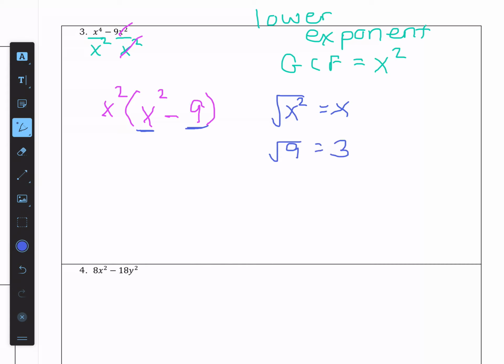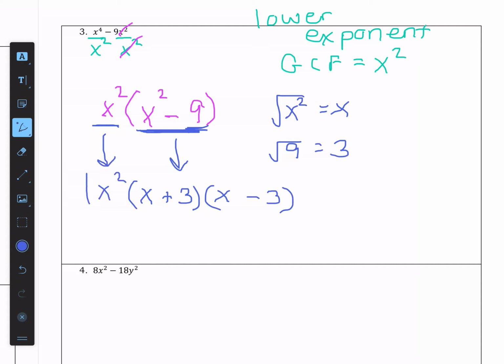So now we're going to factor this part here. We do our double bubble. So we put x's in the front of each bubble and 3's in the back of each bubble. 1 plus and 1 minus. And our last thing is just to remember that that x squared was still there. Didn't go anywhere. So we have to bring that down and keep that on the outside.